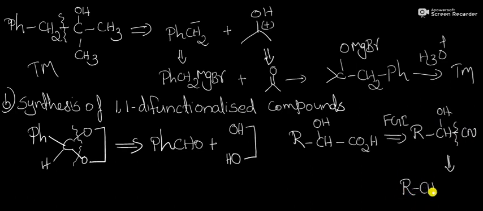One is RCHO, that is our aldehyde, and another one is HCN. Then addition of HCN on aldehyde gives the cyanohydrin, which on hydrolysis is converted into alpha hydroxy acids.